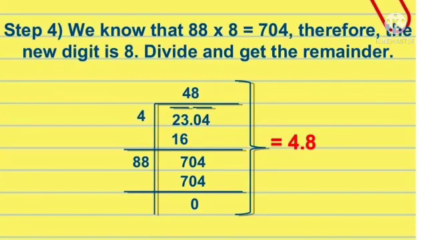Step 4. We know that 88 multiplied by 8 is equal to 704. Therefore, the new digit is 8. Divide and get the remainder. Observe the figures carefully. From all the division process, we get the answer as 4.8.